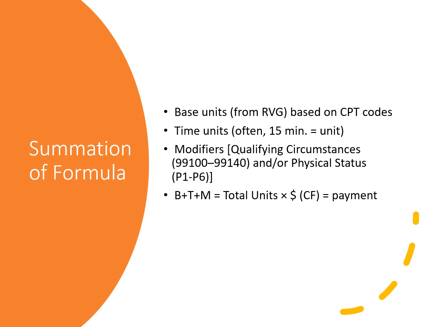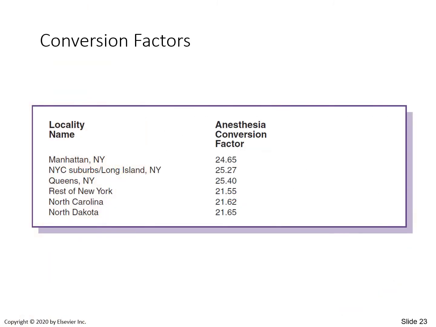B plus T plus M. So B plus T plus M will be the total units, and those units will be multiplied by the conversion factor, which is going to be different in different areas of the United States. The conversion factor, we'll see further here what it looks like.